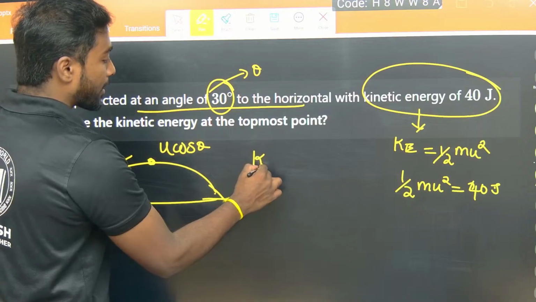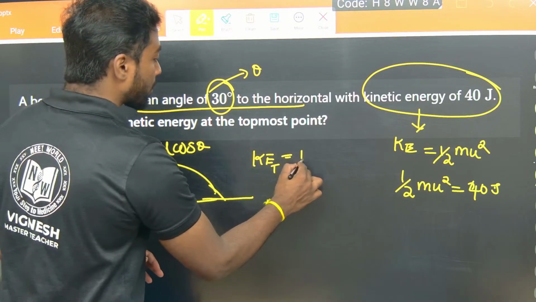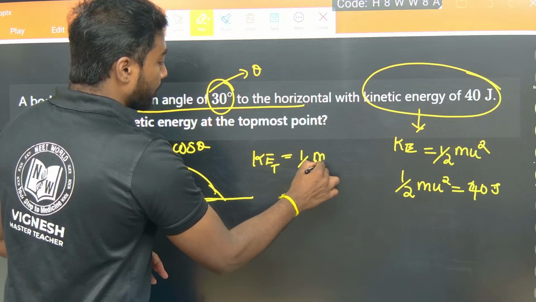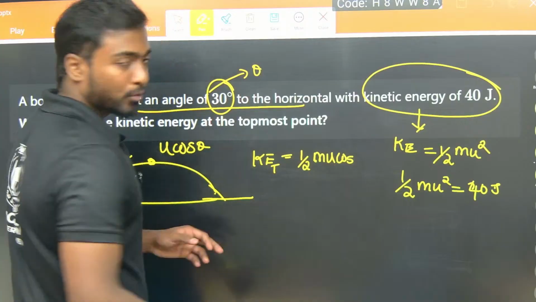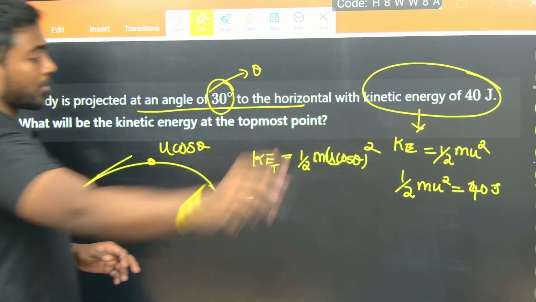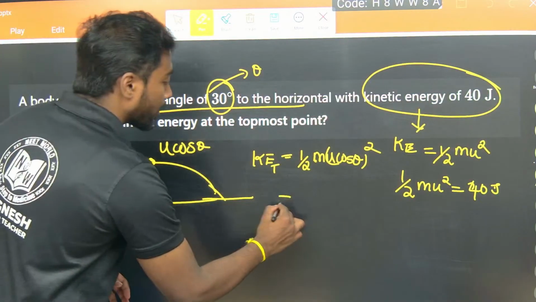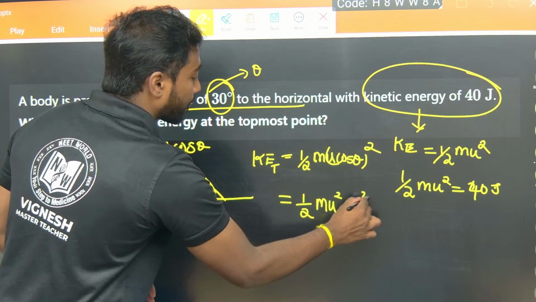So KE at the topmost point will be equal to half m, u cos theta the whole square. That's it. So here, 1 by 2 mu square cos square theta.